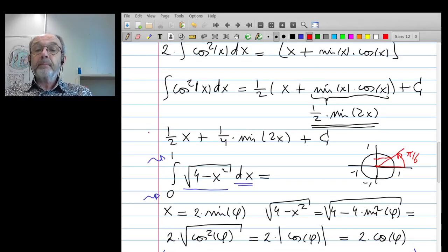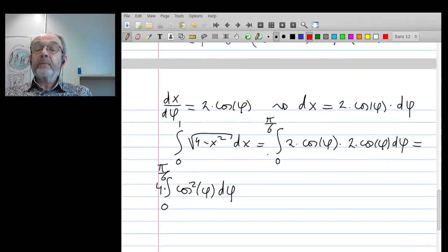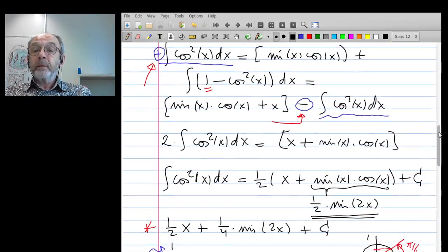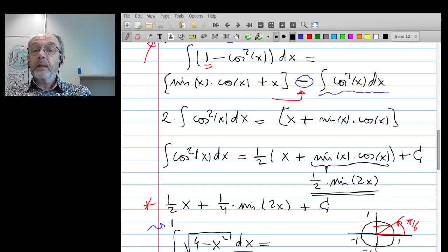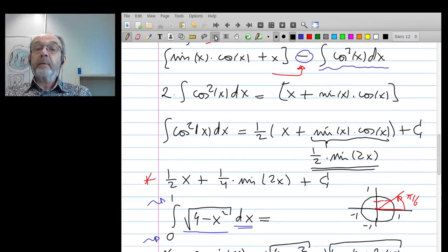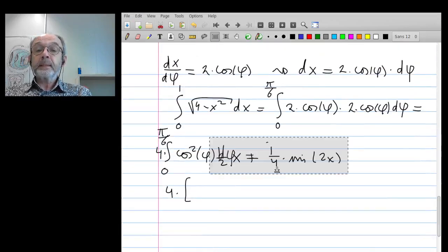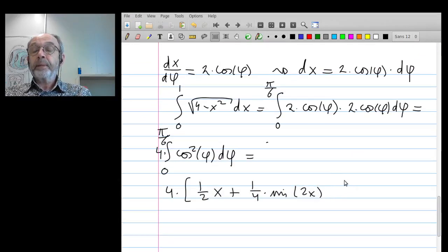Now, we have just calculated the primitive function of cosine squared. So what do we get out of it? We have some brackets open, and then we have 4 times, and then I have to look for it. I can't remember it. Here I have it, I will copy it and then paste it here.